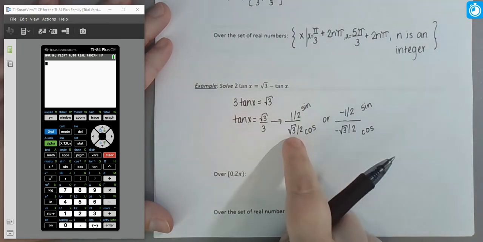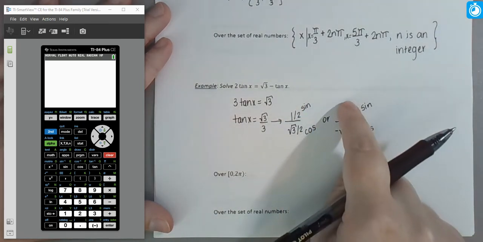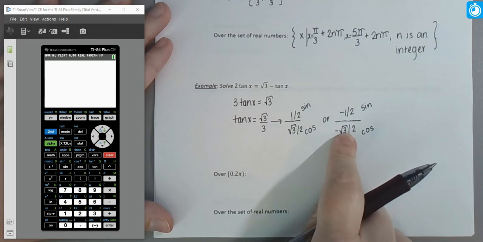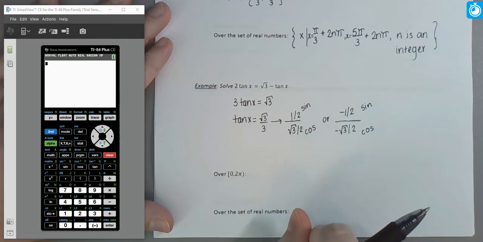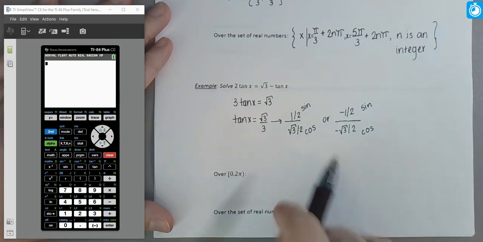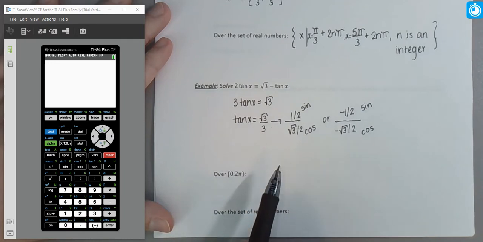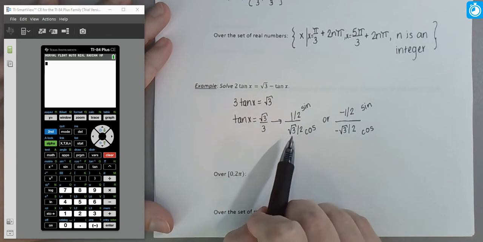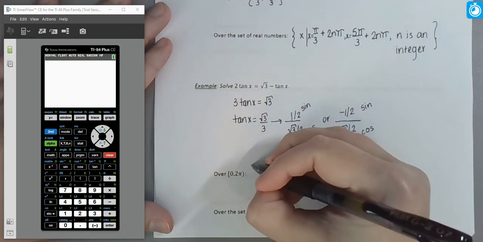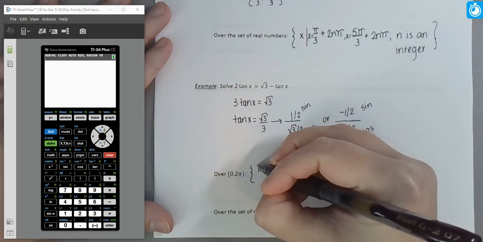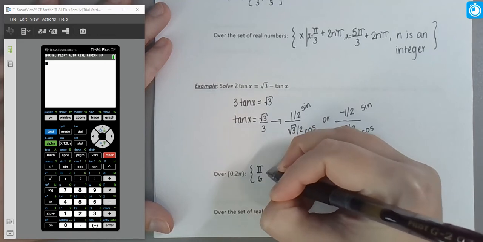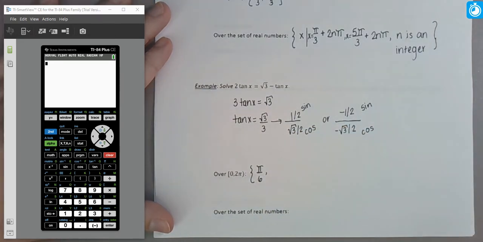Well, this pair represents one radian measure. This pair represents another radian measure. So then the question is, what radian measures are represented there, where the sine is 1/2 and the cosine is √3/2? Well, this particular pair is associated with the radian measure pi/6. So one solution to our equation is going to be pi/6.